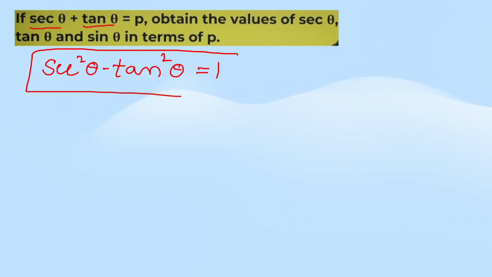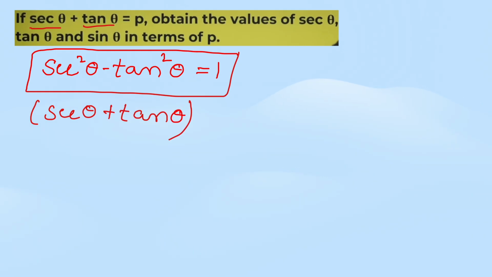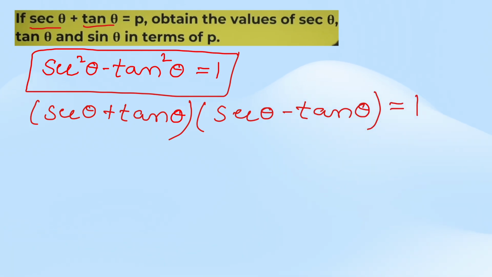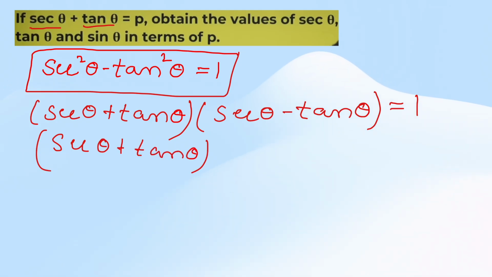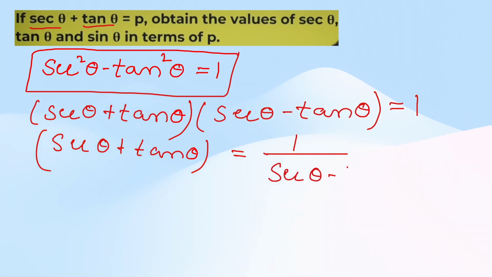This is the relation. From this, I can write it as a square minus b square, so a plus b into a minus b: sec theta plus tan theta into sec theta minus tan theta equals 1. Clear? So sec theta minus tan theta can be written as 1 by sec theta plus tan theta. Just remember this.